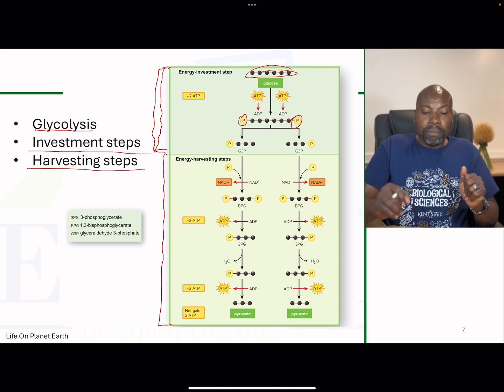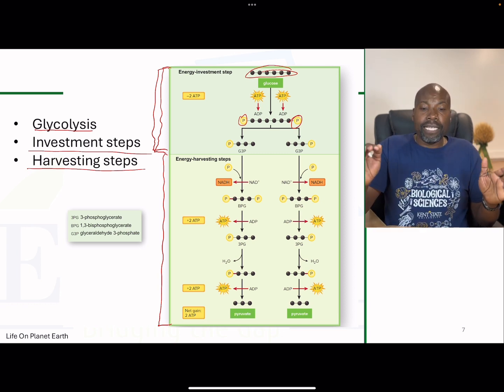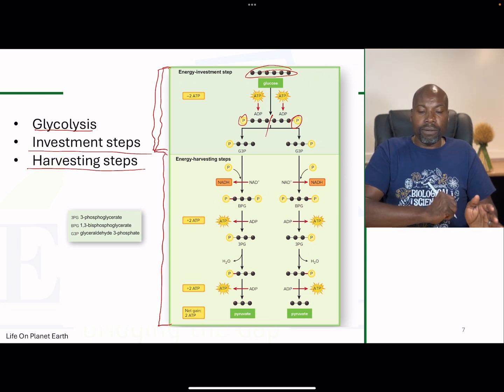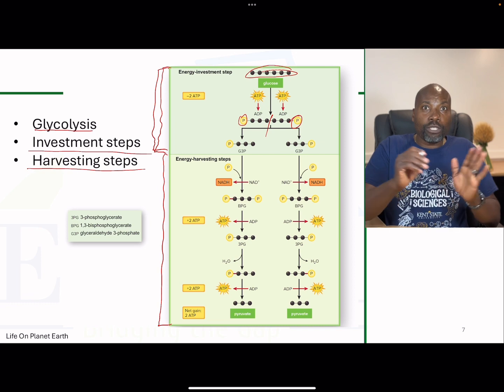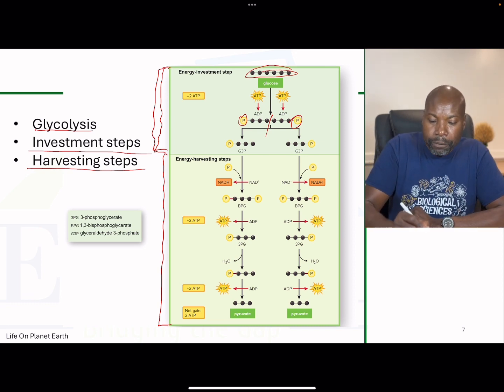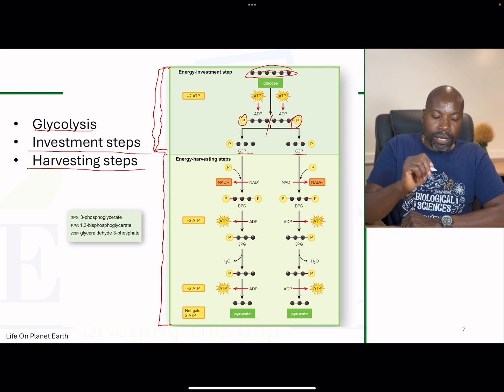That glucose that becomes very unstable splits very easily. And when it splits right here in the middle, it's going to produce 3 carbon molecules, 2 of them, that are called G3P. Okay? G3P stands for glyceraldehyde 3-phosphate.